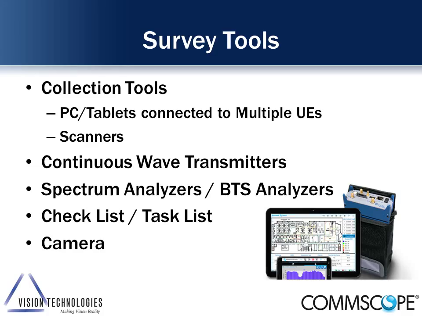There's also devices called spectrum analyzers or BTS analyzers that allow us to actually view the RF signals that are taking place within the building. So the spectrum analyzers give us the ability to see physically the RF on a screen, and the BTS analyzers give us a lot of the macro serving site information. It'll tell us what cell towers and what signals and technologies are being viewed within the building.